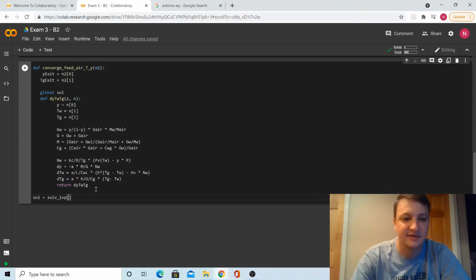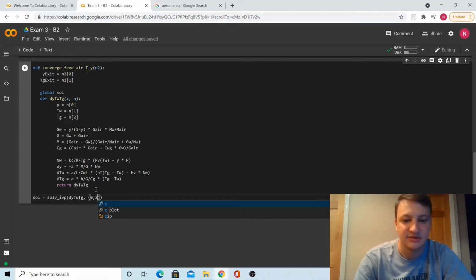So first we have the change in our function with the change in mole fraction, temperature of the water, and temperature of the gas. Next, we need what it's going to be running to, which is 0, and then the max height, which is z, so 0 to z.